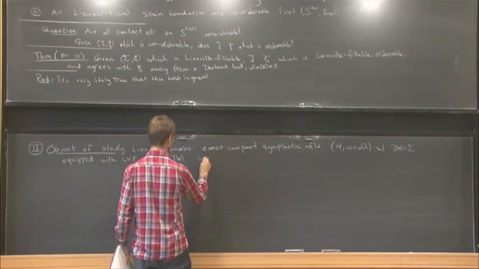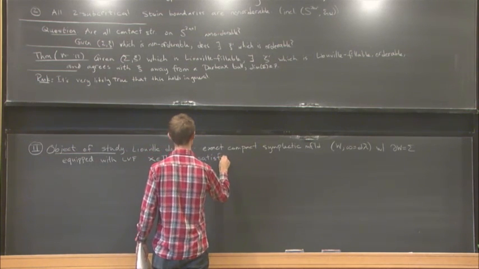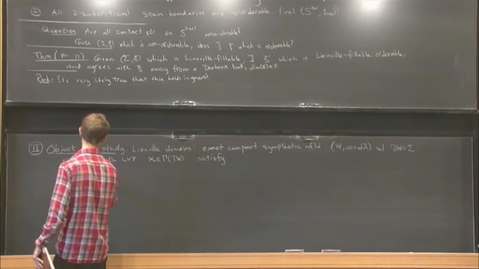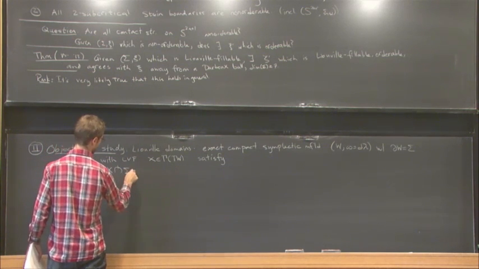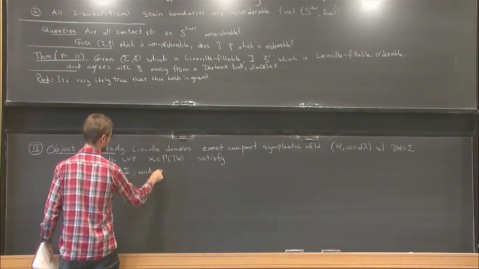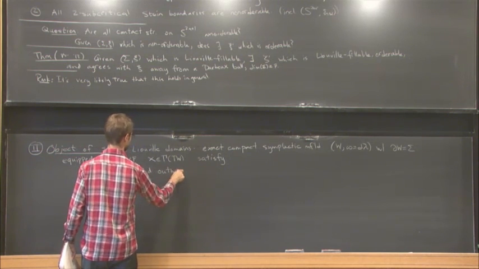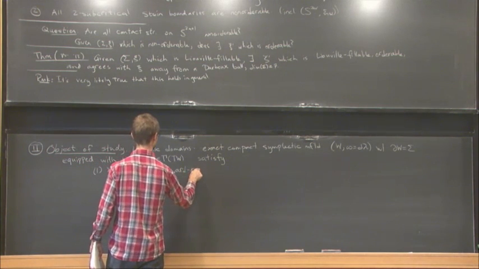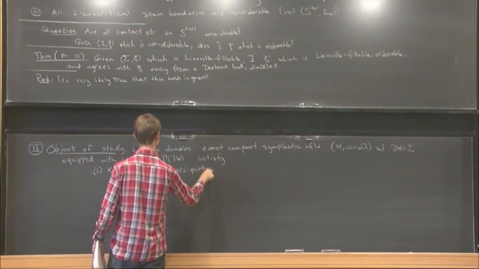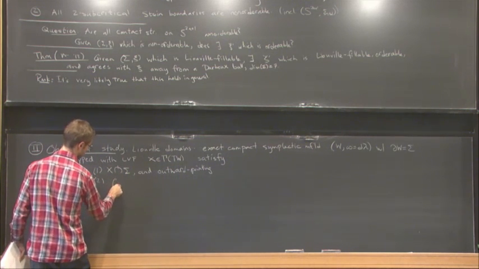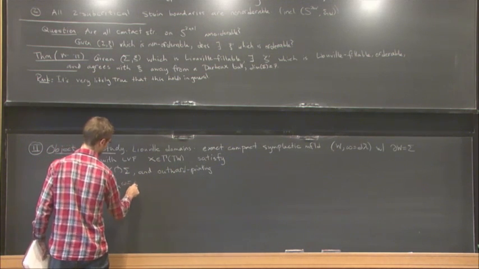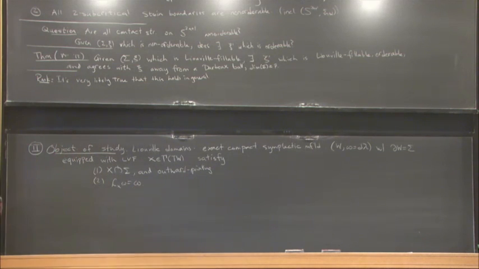These have to satisfy basically a convexity condition. So we need X to be transverse to the boundary and pointing outwards. The second condition is the convexity condition, which is that if you take the Lie derivative of omega with respect to the Liouville vector field, it's equal to omega.